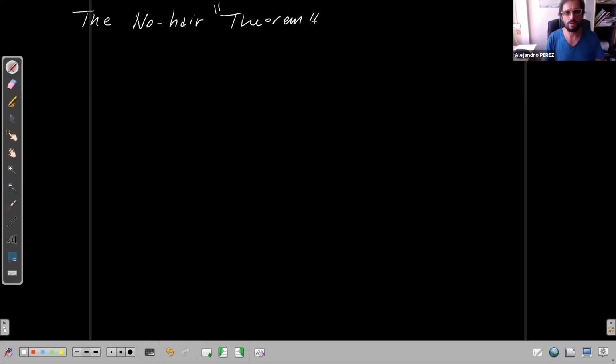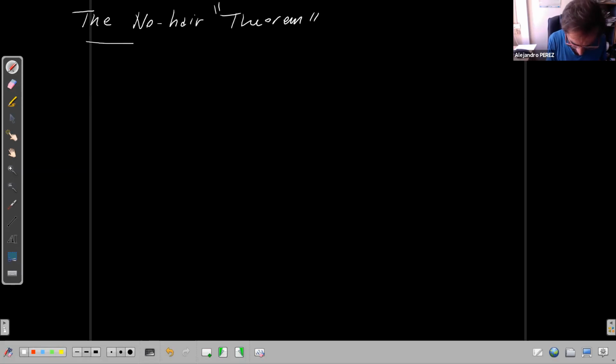I put this in quotation marks because it depends on the level of rigor. There are some assumptions in this theorem that are very good for theoretical physicists, but mathematical physicists will still consider this a conjecture. There are some ingredients that need to be proved, and these are very complicated mathematical problems. We're not going to worry about these things.